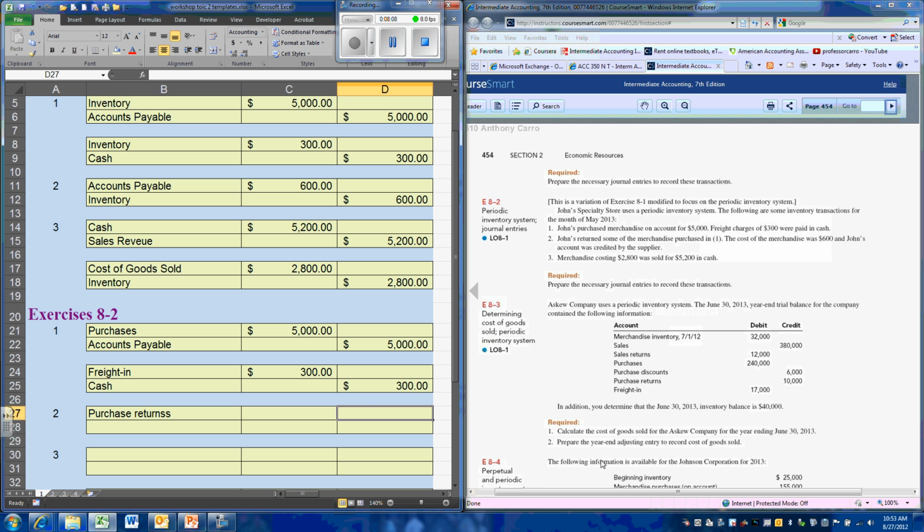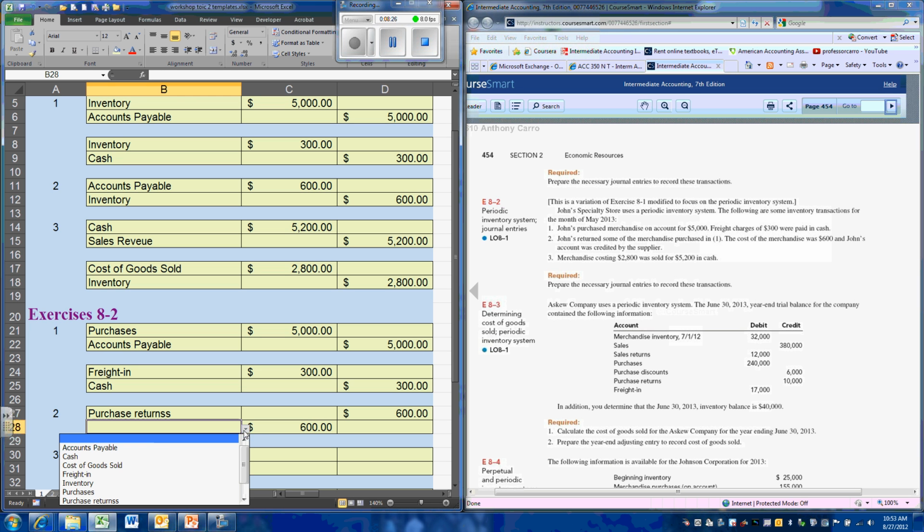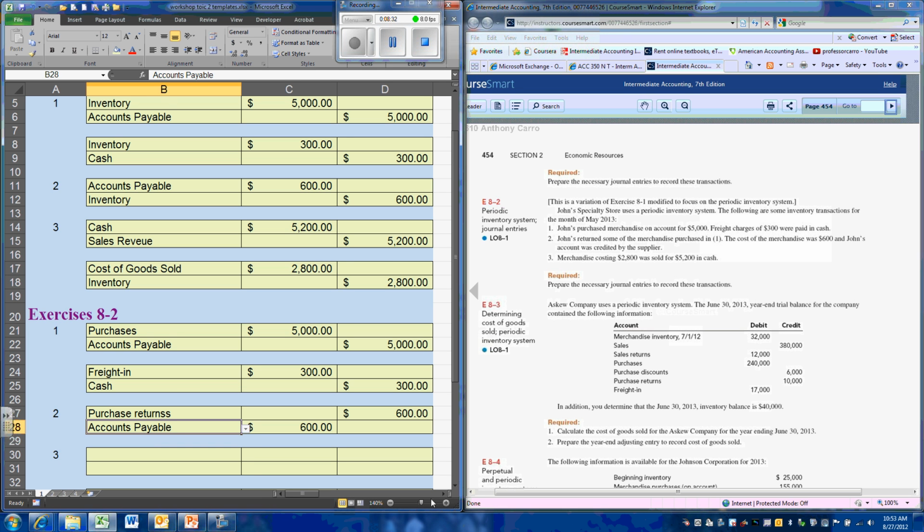Since we're returning some of this merchandise, we're going to credit purchase returns. Purchase returns is contra to purchases. So we're returning $600 worth of material. That's a credit to our purchase returns. The opposite side of that transaction, just like in the perpetual method, is a reduction of accounts payable.